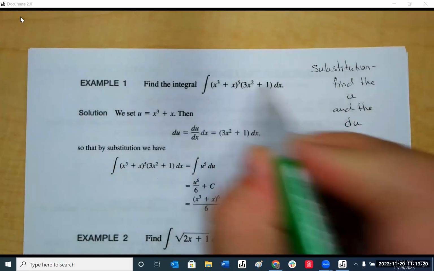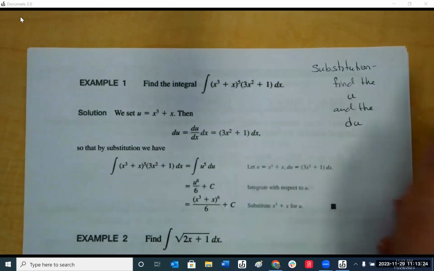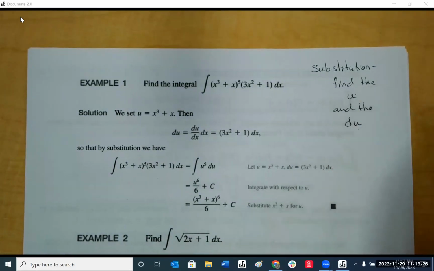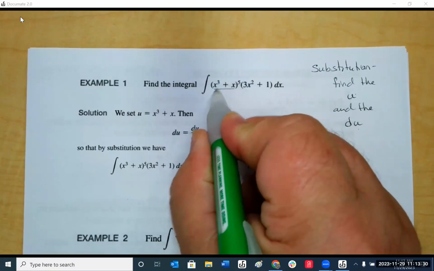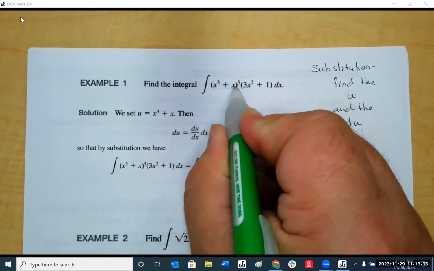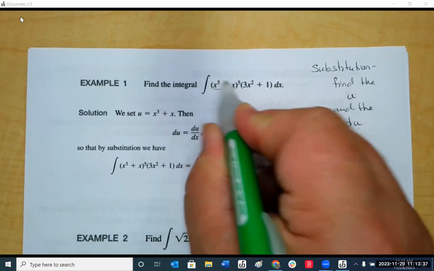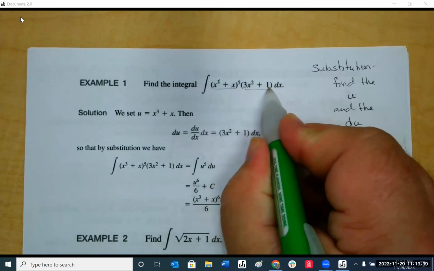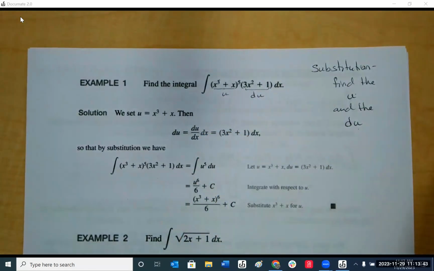So what we're looking for here is which one of these would be the u, which is the derivative of u. Well, if we look at this one here, x to the third plus x, the derivative of that one is 3x squared plus 1, which is what this is. So we know this is going to be u, and this is our du.